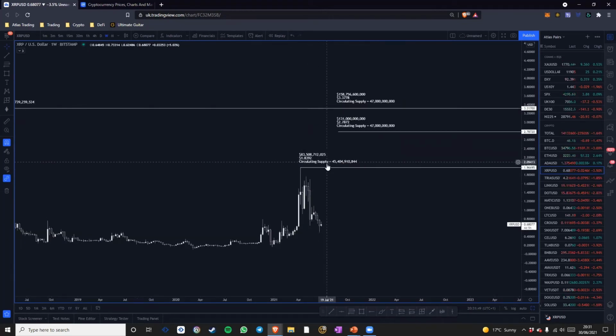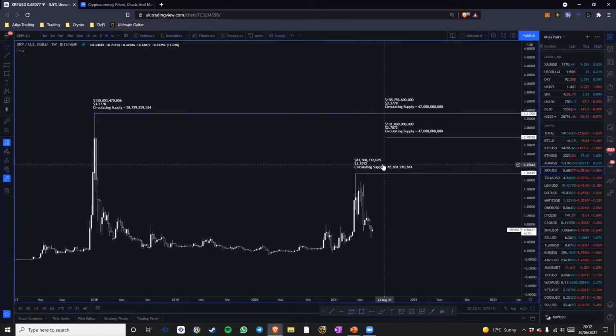So the all-time high, we had a $1.83 XRP, and that was denominated by an $83.5 billion market cap. Divide that market cap by $1.83, which gave us a circulating supply of 45.4 billion XRP tokens. Now, to me, that math seems strange. $1.83 seems low for a market cap that wasn't far off 130 billion. I would expect that to be higher.